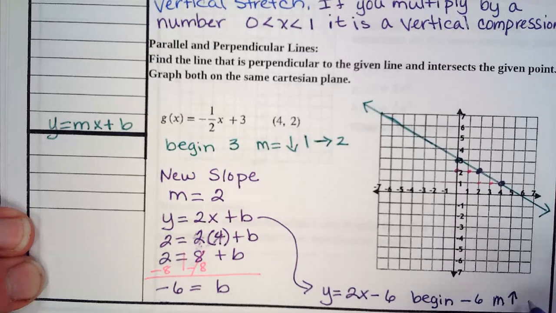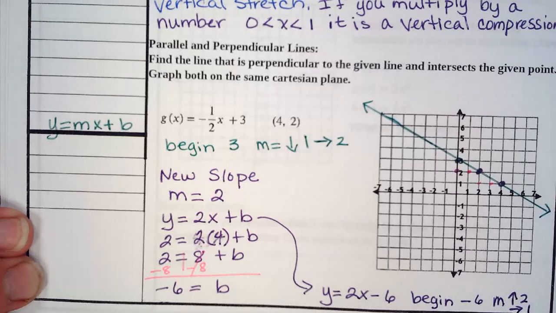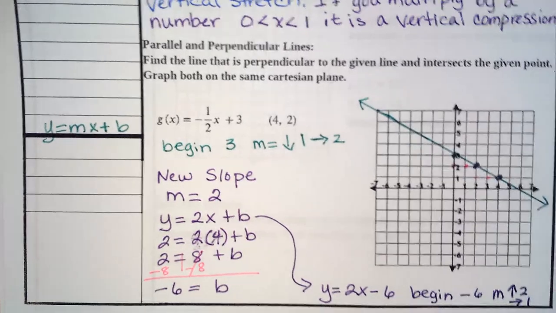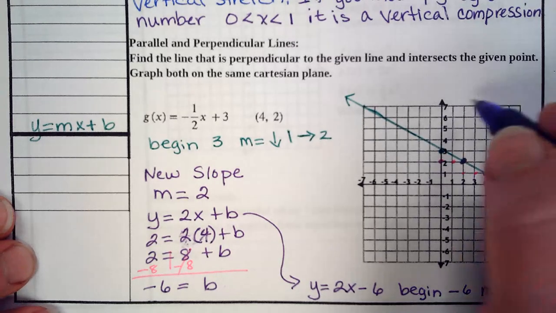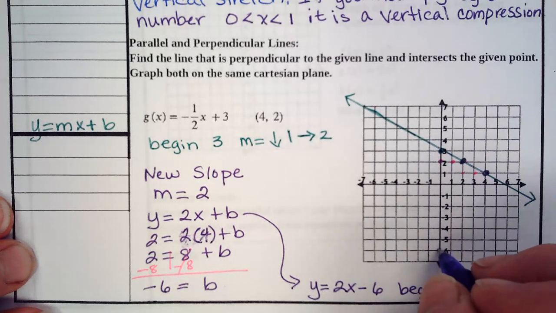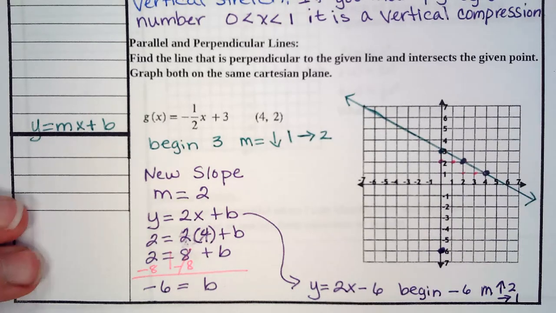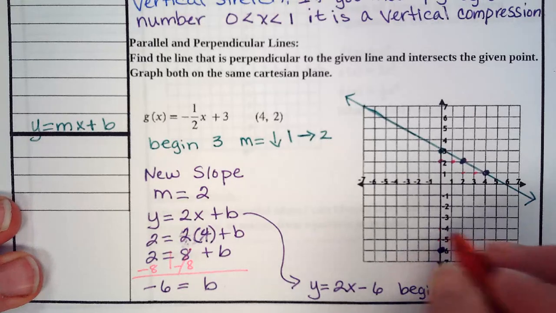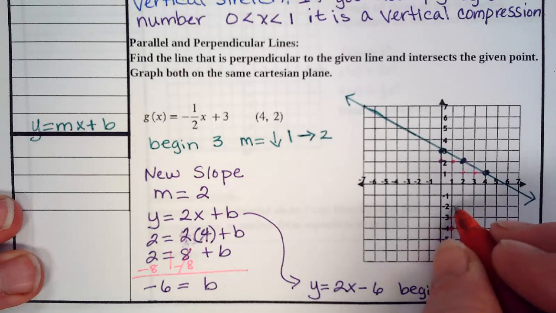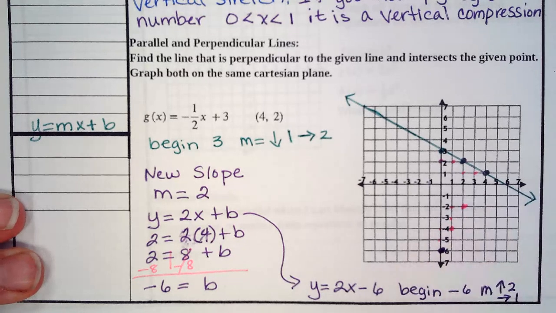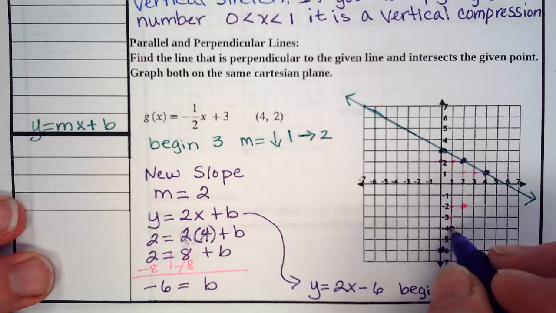Go up 2 and right 1. 2 is the same as 2 over 1. I start at -6. I'm on my y-axis, -6. I go up 1, 2, and over 1. There's my next point. Go up 1, 2, and over 1 again. I've now got 2 more points I can use.